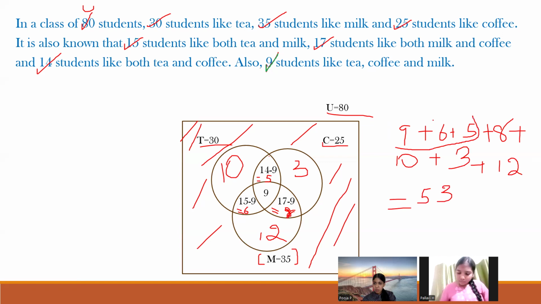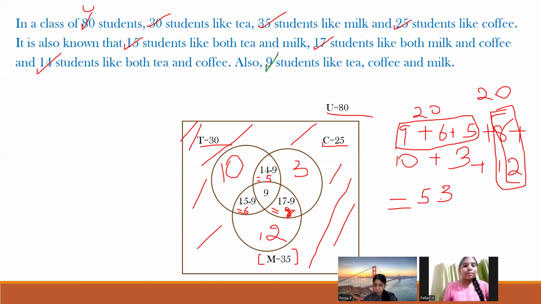This much is 20 because 6 plus 5 is 11, and 11 plus 9 is 20. Again, 8 plus 12 is another 20. So 20 plus 20 is 40. 40 plus 10 is 50. 50 plus 3 is 53.